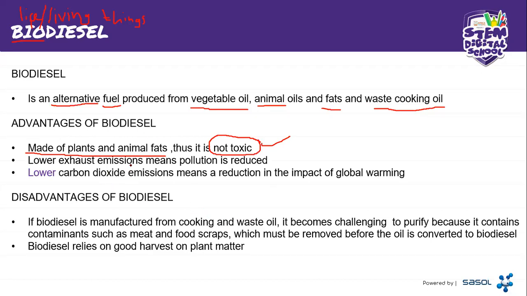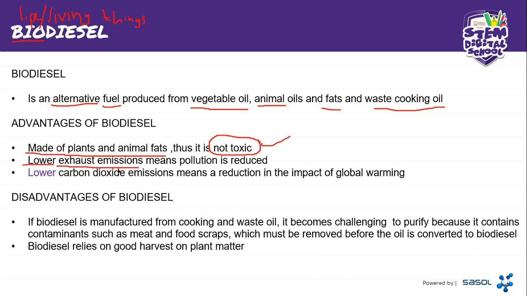Now, biodiesel, we know that it can be used by locomotives and other forms of engines. So the exhaust will still give emissions, but those emissions are going to be lower. So you will have lower exhaust emissions.